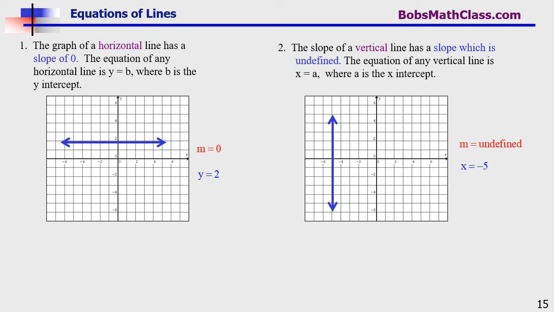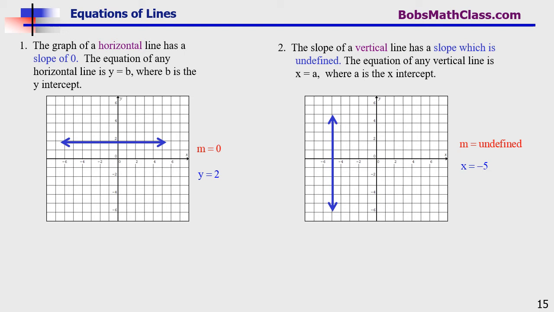Here on the right, we have a vertical line. The slope of a vertical line is undefined. You cannot write 0, you must write undefined. The equation of any vertical line is always x equals a, where a is the x-intercept.